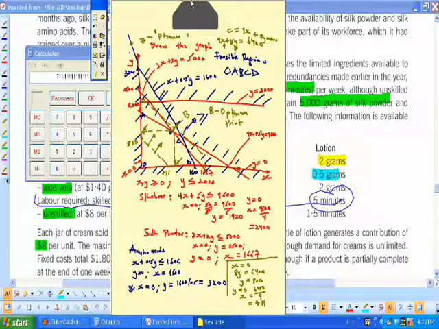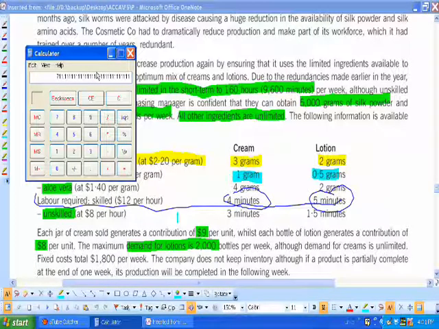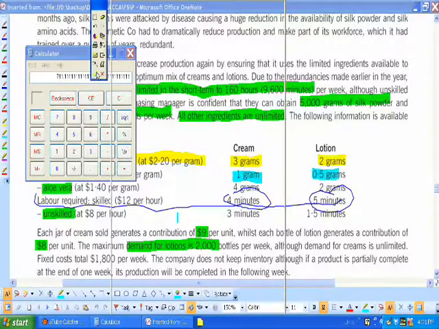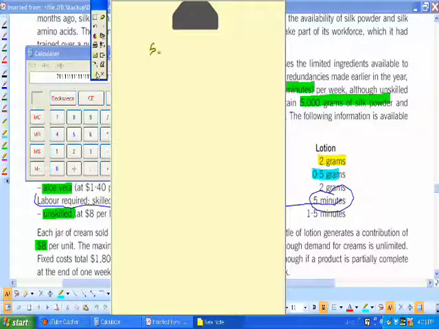So what we're going to do now is to solve. Now point B was the intersection of 2 lines.